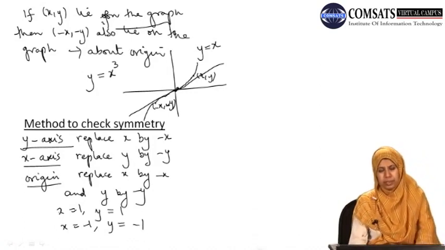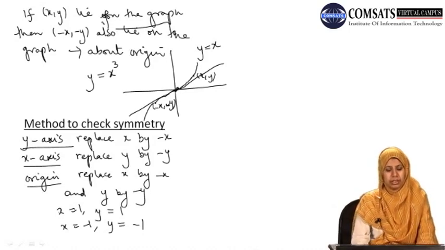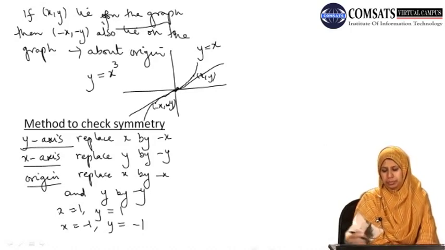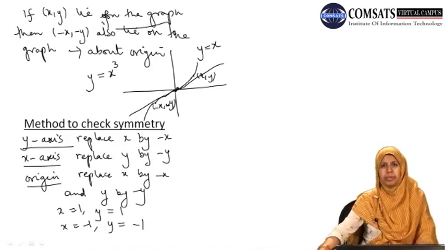So y is also replaced by -y. So this type of function will be symmetric about the origin, for example, our simplest cubic function y = x³.